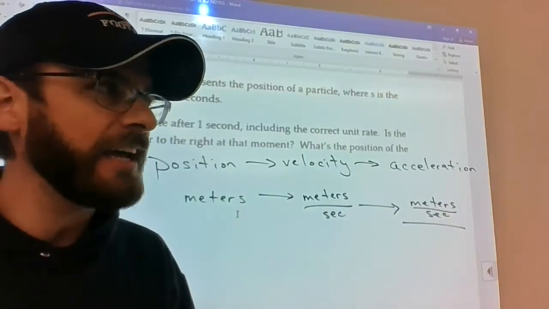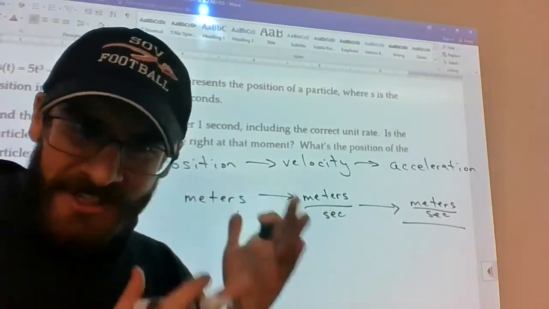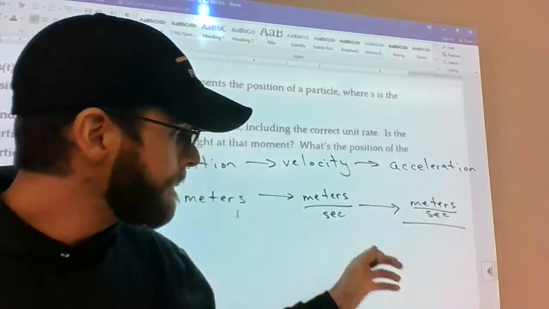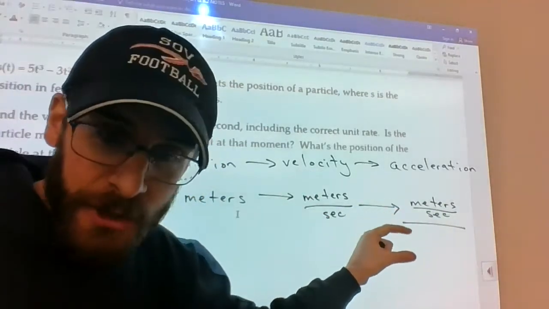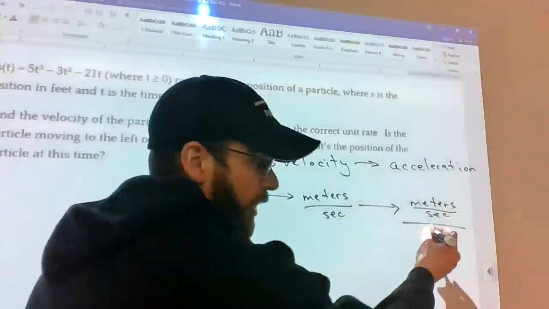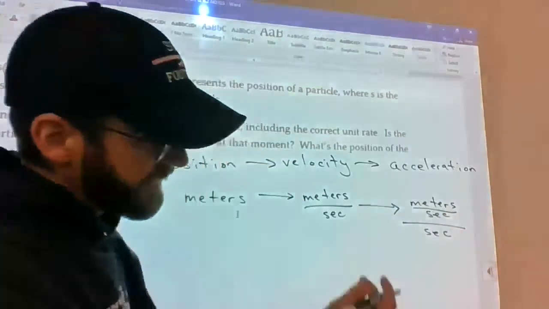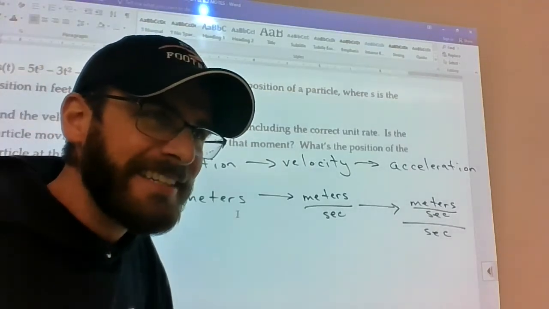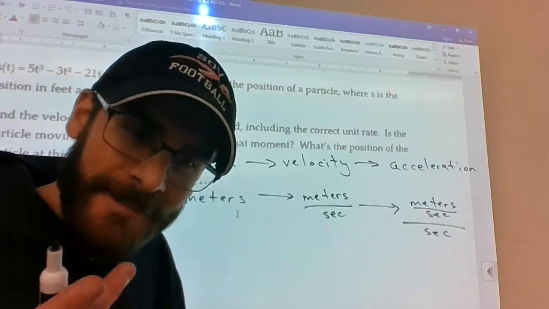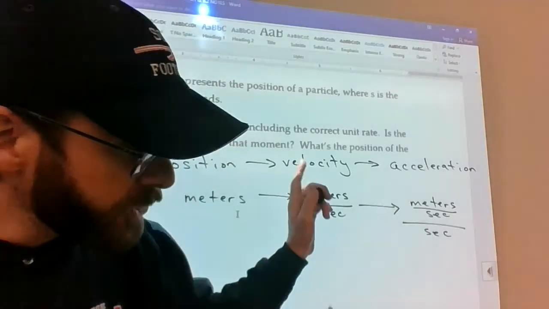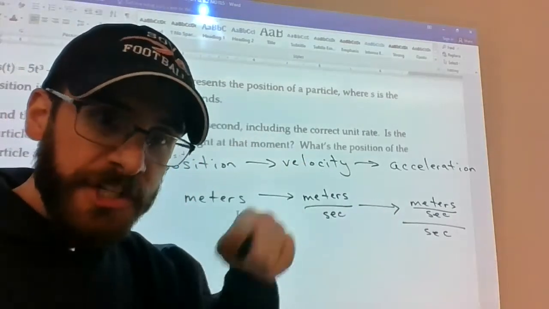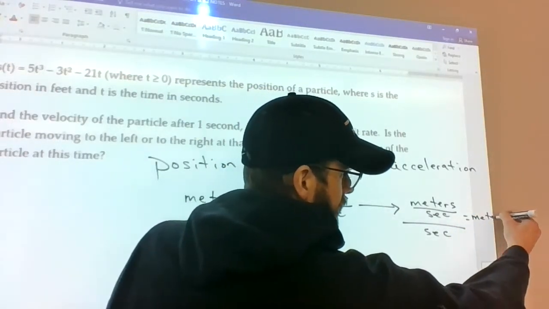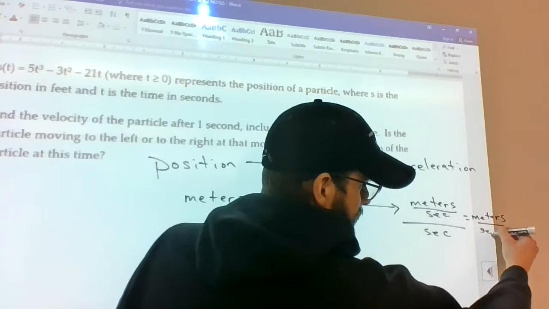Think of it like a sprinting race. As the person accelerates, their velocity, their meters per second, is increasing per second. Sorry, I'm talking around in circles. Acceleration is meters per second per second, otherwise known as meters per second squared.